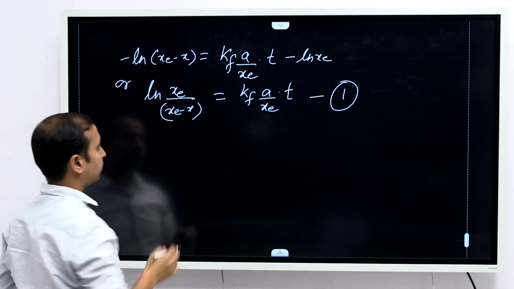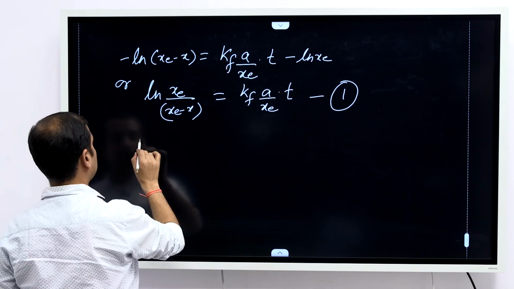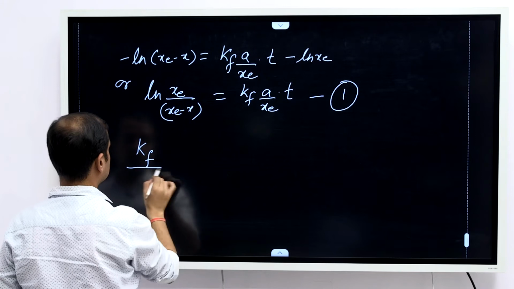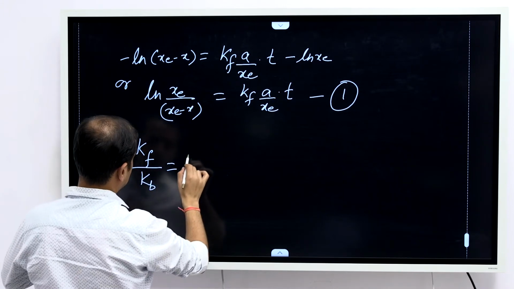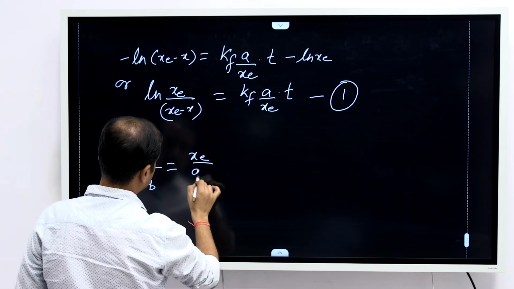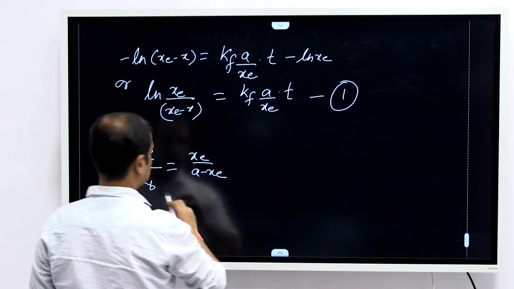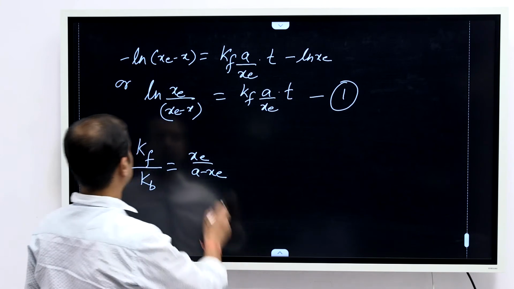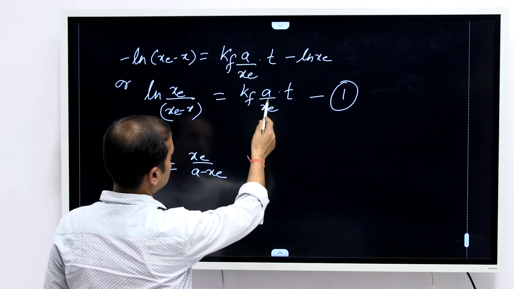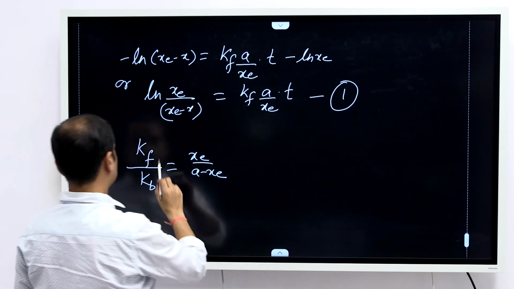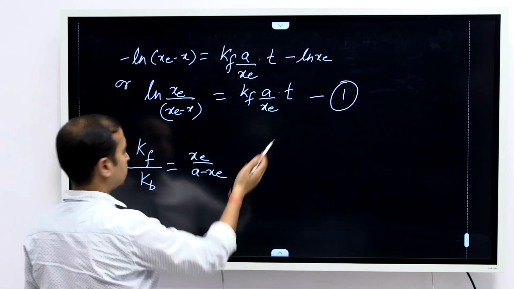We will further simplify it. So earlier we have seen kf upon kb is equal to xe upon (a minus xe). So the equation here is ln xe upon (xe minus x) is equal to kf into a upon xe into t. So now we will further simplify this equation.